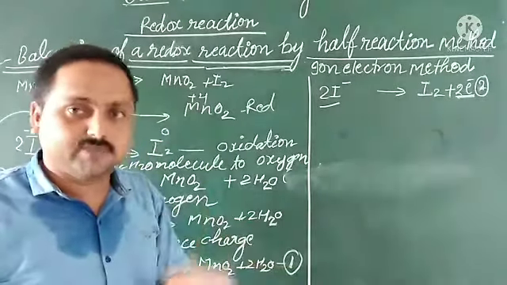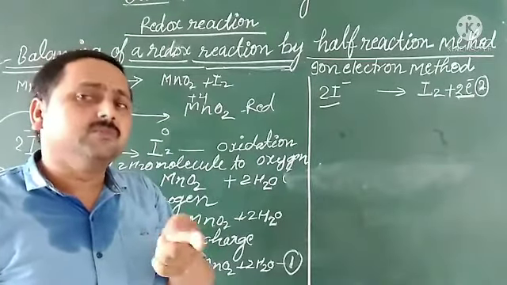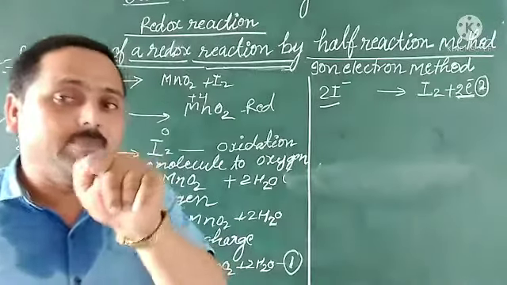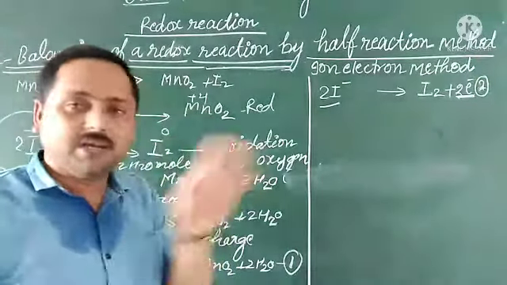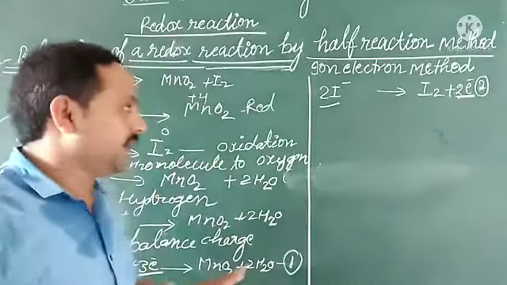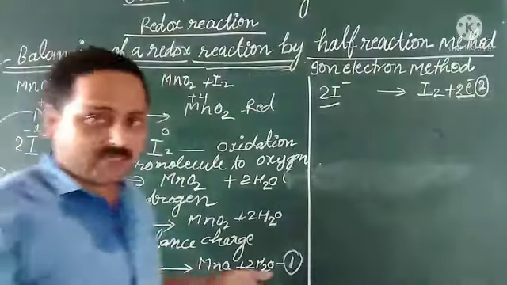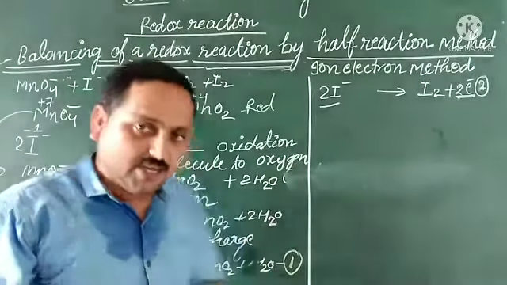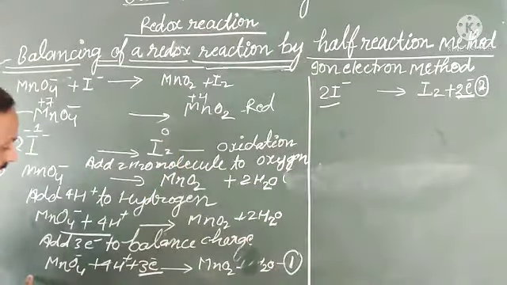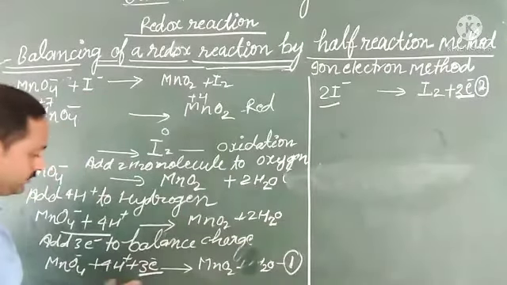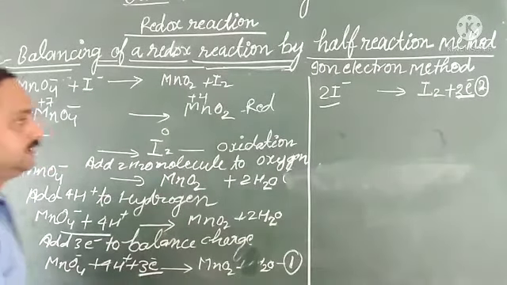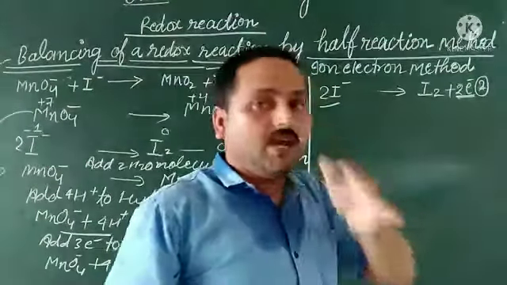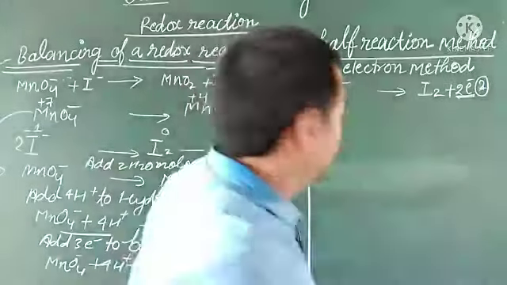You can use the division method also, but why would we put ourselves in problem? We will use the multiplication method. If I multiply this equation by 2, it will be 6, and that by 3, so that also will be 6. Then we can add.